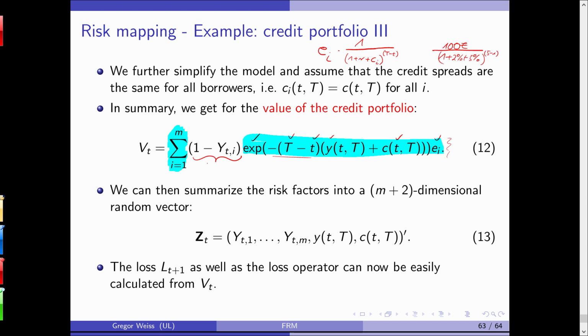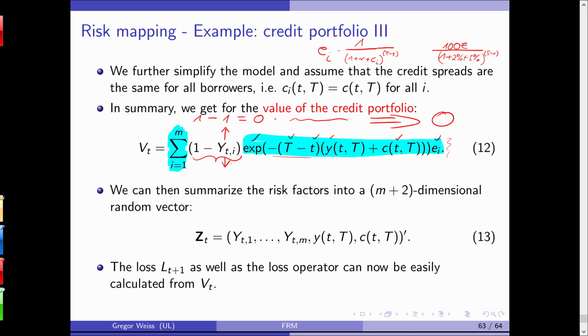In case the ith loan has defaulted, we will get nothing. Recovery rate is 0. So if we have a default, we will have y equal to 1. And then there will be 1 minus 1, that is 0 times the value of 0.